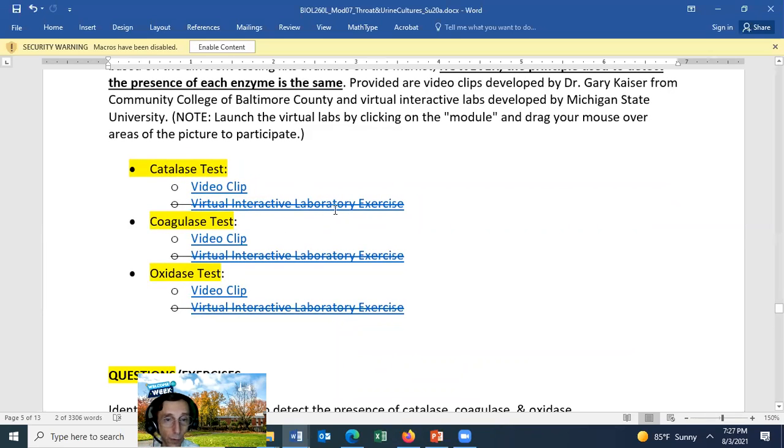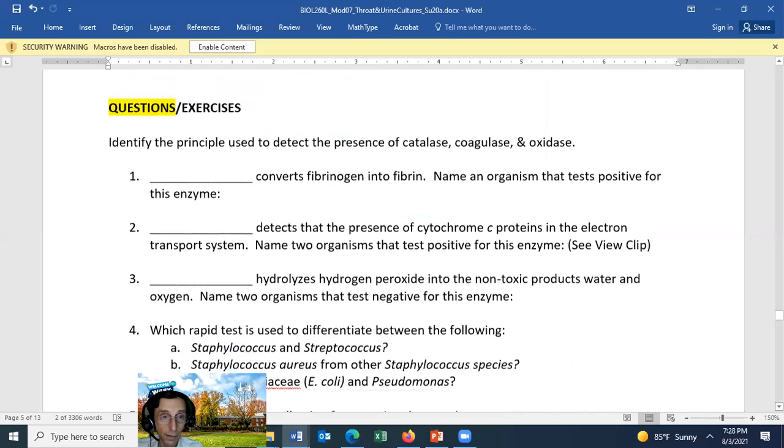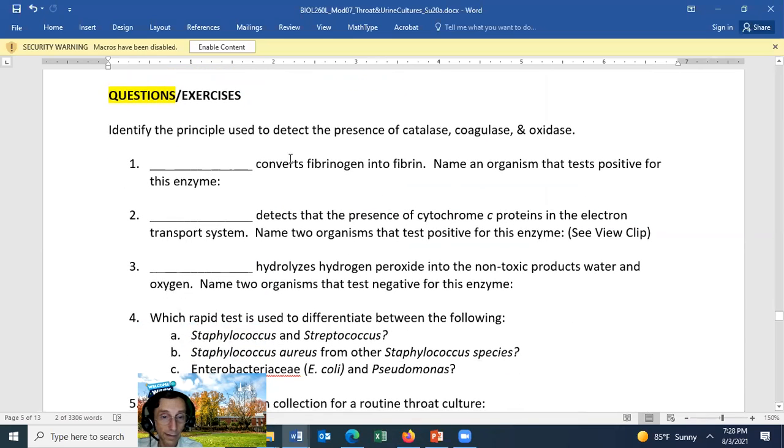So Flash will not work, and we're not going to have you download a Flash program and open the file directly in that program to watch the interactive laboratory. We decided it was too difficult, so we won't be doing that. You can watch a video clip of the coagulase test and a video clip of the oxidase test. So watch these videos and then work on your questions for the exercise.